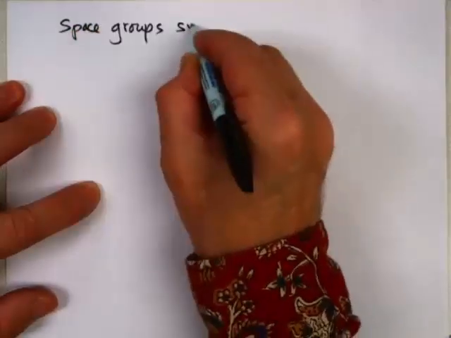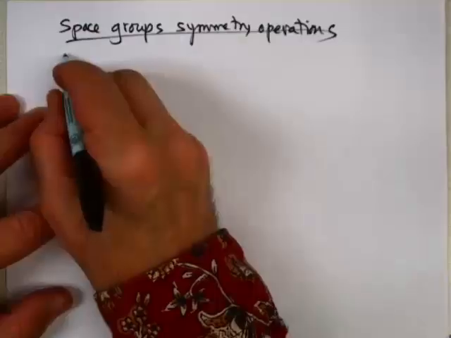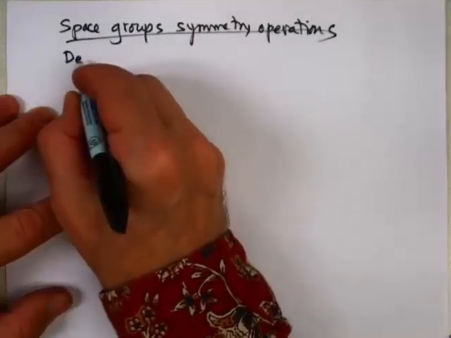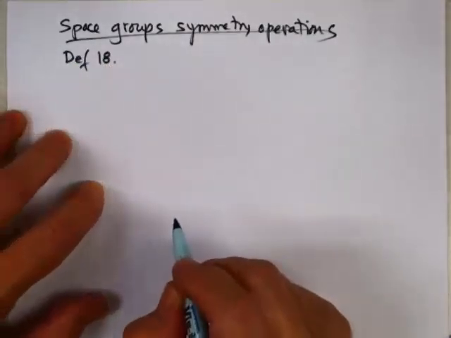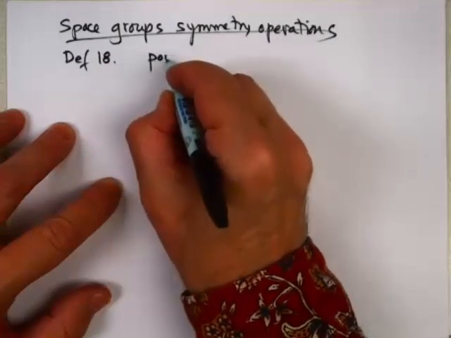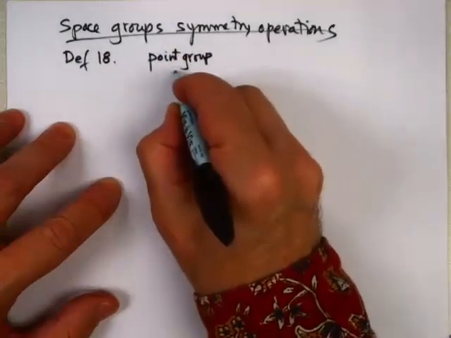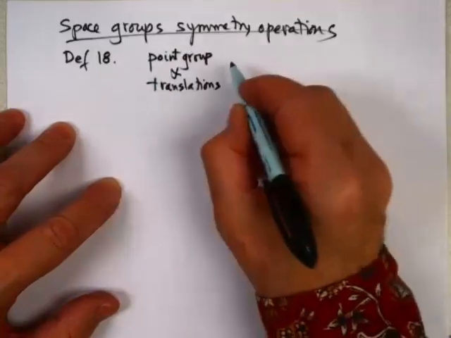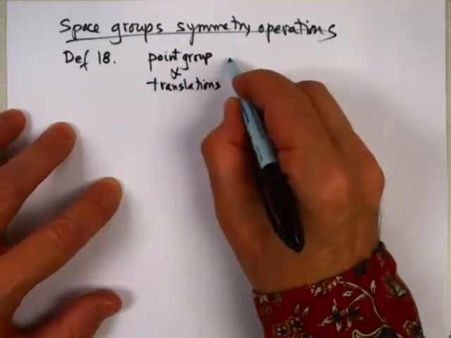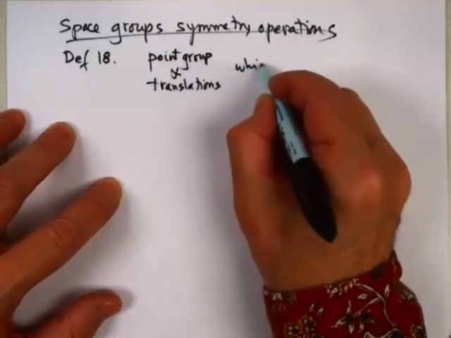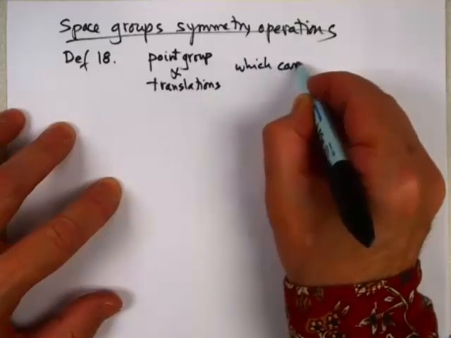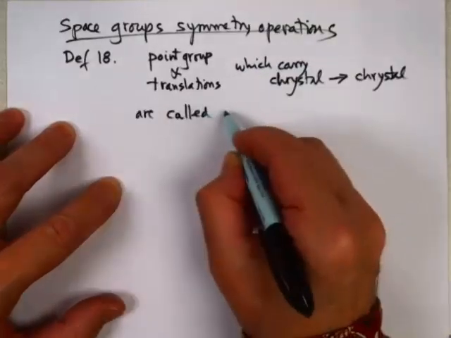Space groups and their symmetry operations. I'm following Dresselhaus' definition 18: point group, which we'll define, and translations which carry crystal into crystal are called space group.